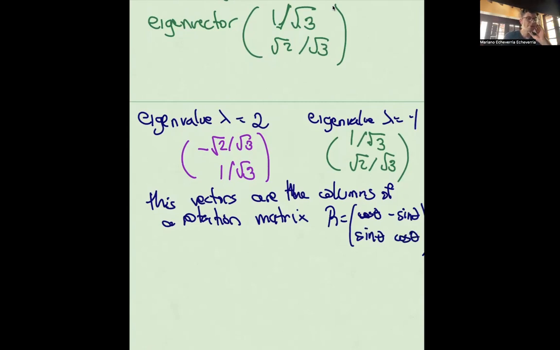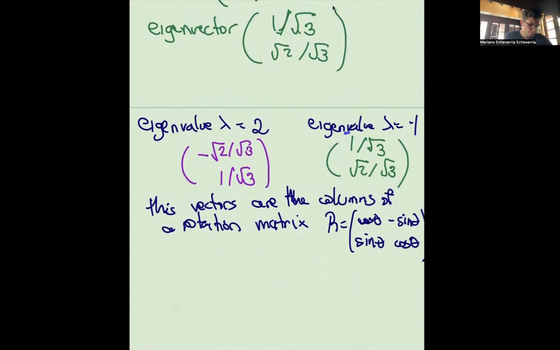Okay, so by comparison, you have to compare each vector with each column. The easiest thing to do, because none of these entries has a minus sign, is to take this one as the first column, and then take this one as the second column, because this one already comes with the minus sign.